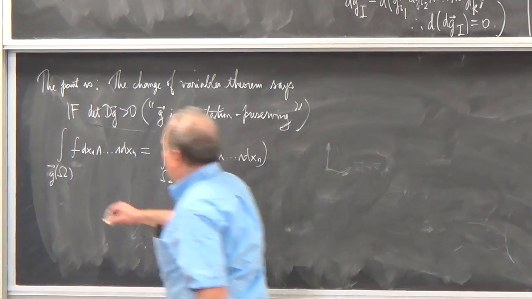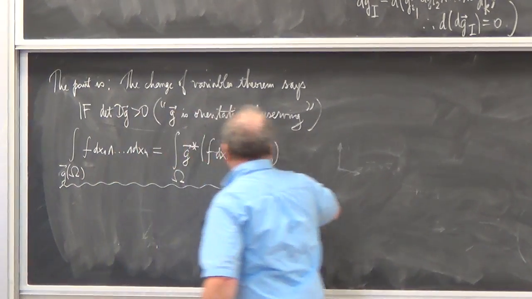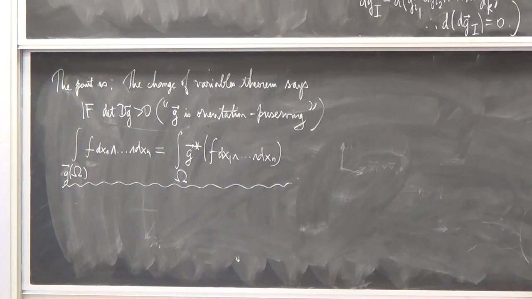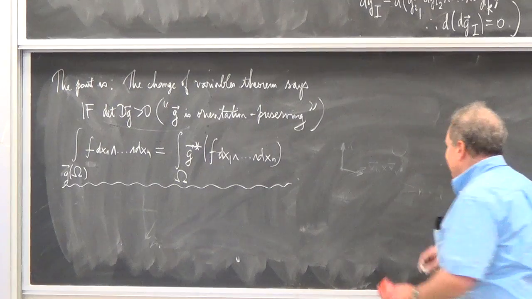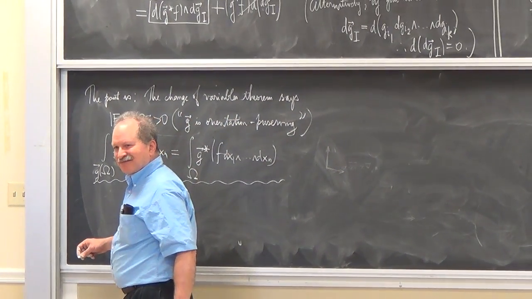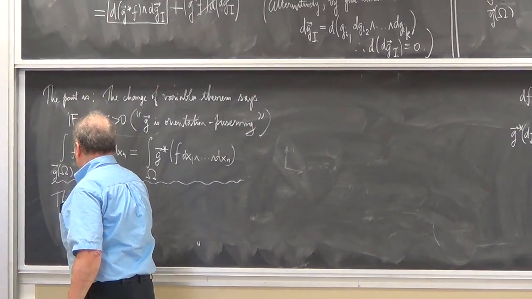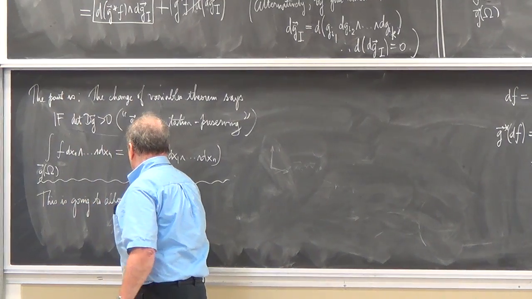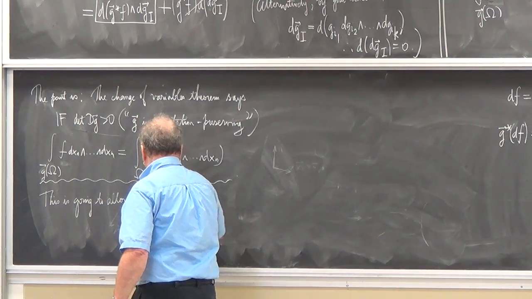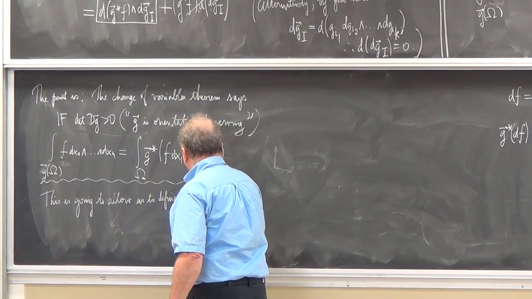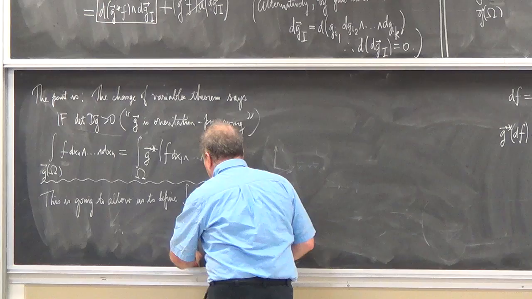So what this is going to allow me to do is to define integrals on manifolds. So this is going to allow us to define the integral of a k-form over a k-dimensional manifold.